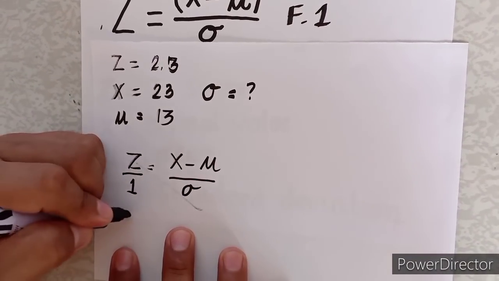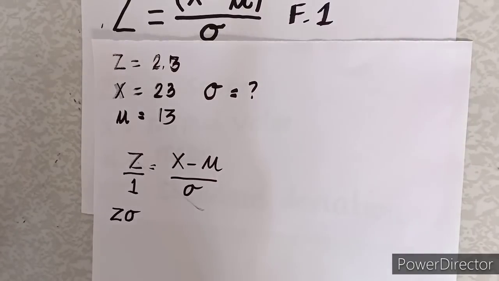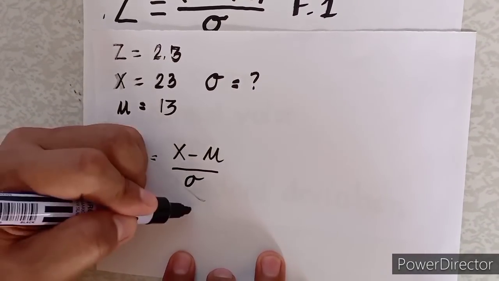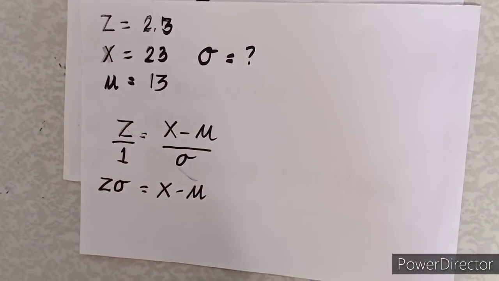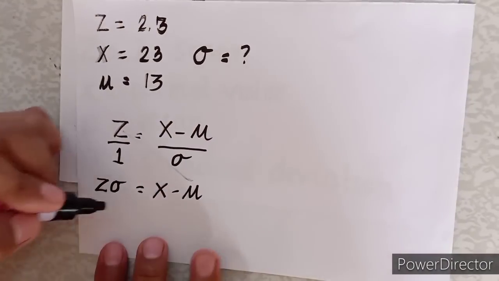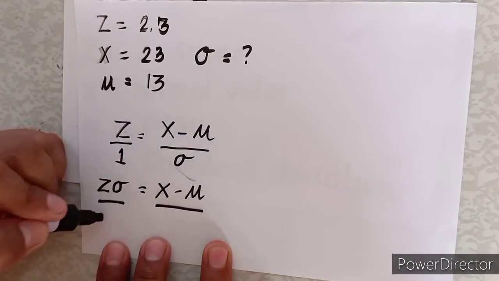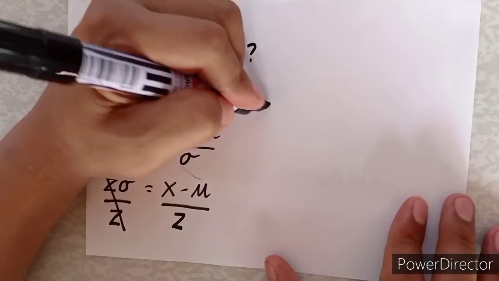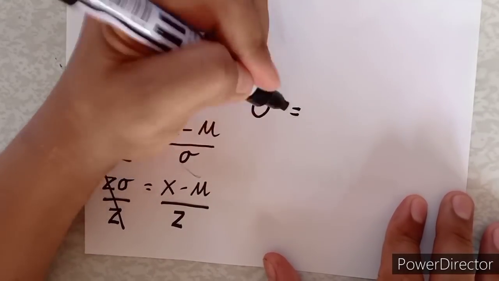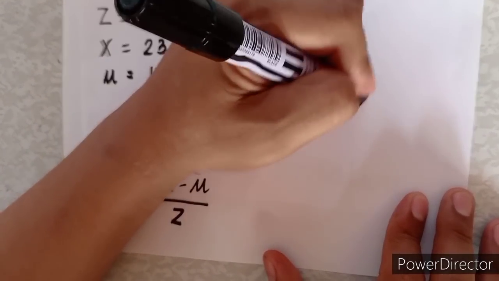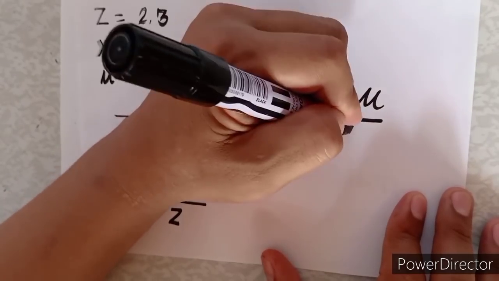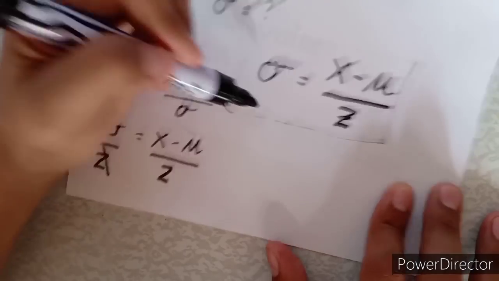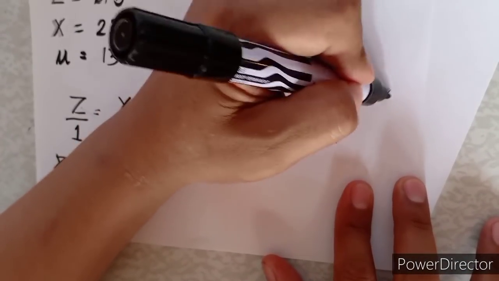Z times standard deviation is equal to Z standard deviation. Since 1 ang minumultiply natin dito, let's just copy it. Since ang problema natin is standard deviation, let's divide both sides by Z. Cancel na po yan. Ang natitira ngayon is standard deviation is equal to X minus mean all over Z. And this is our formula number 2.